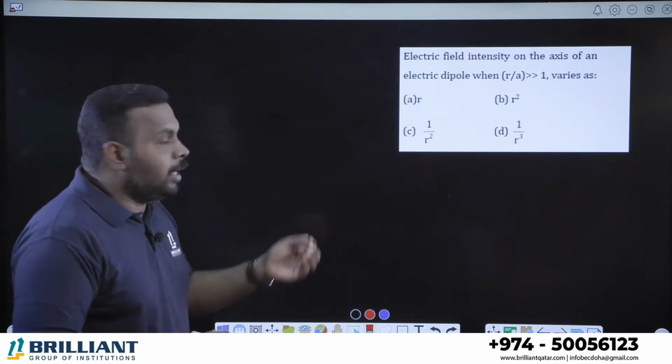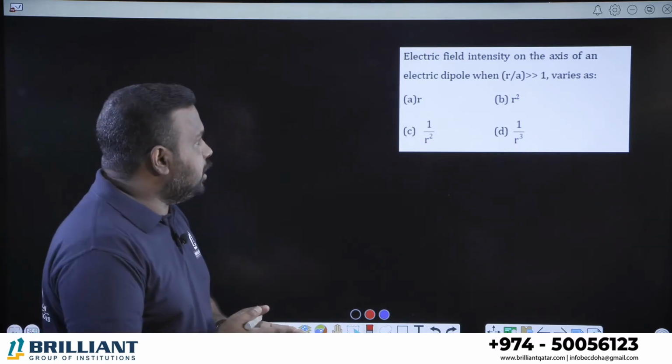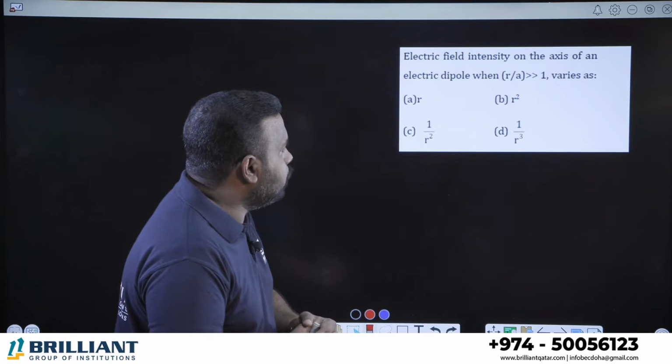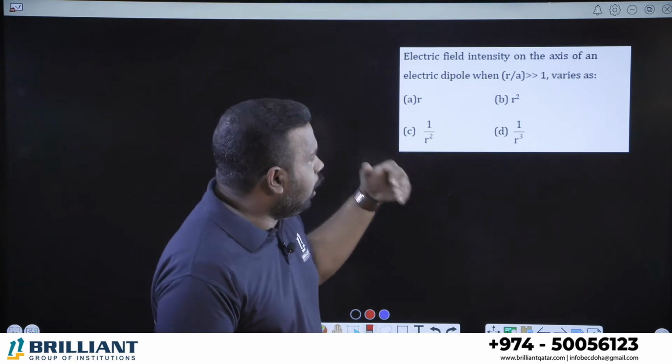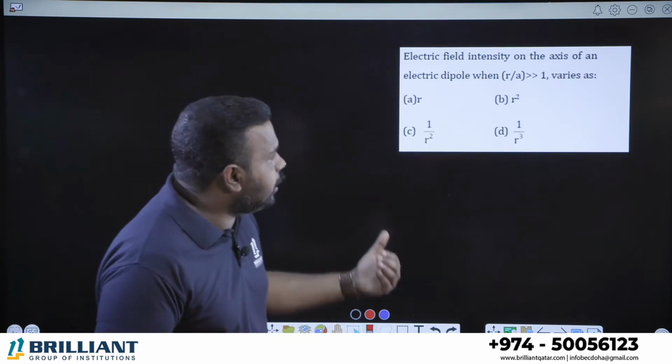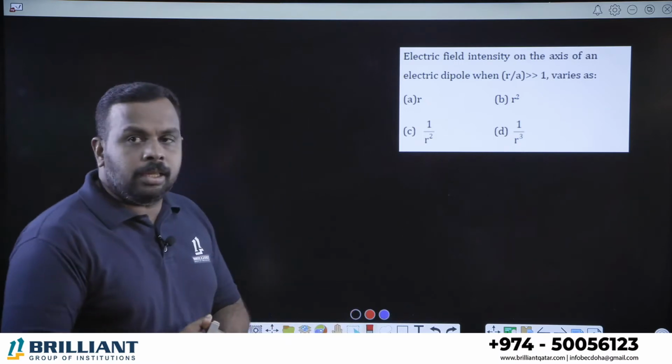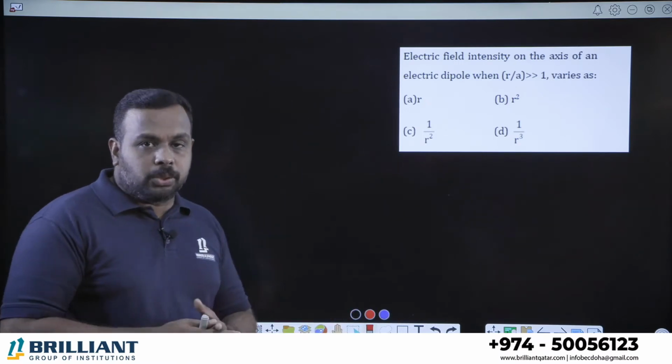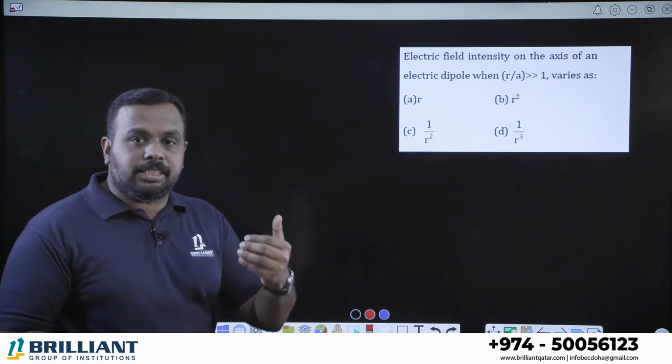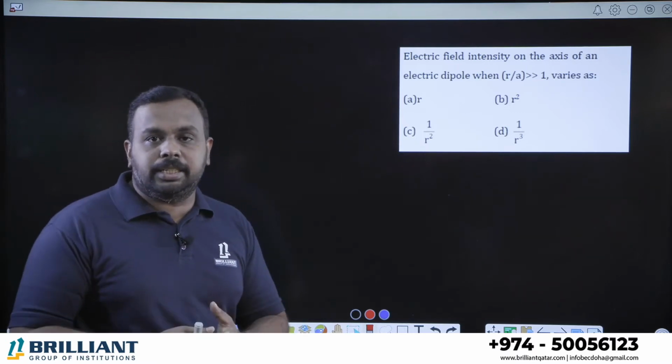Look at this. Electric field intensity on the axis of an electric dipole when r upon a is very much greater than 1 varies as. It's another important question, based on the intensity of electric field due to a dipole.